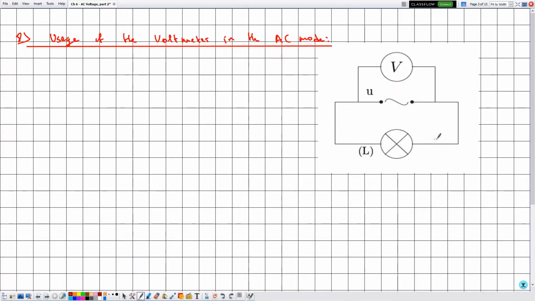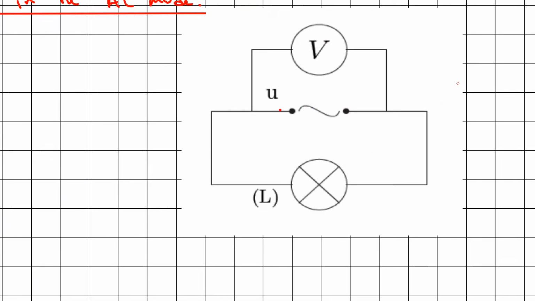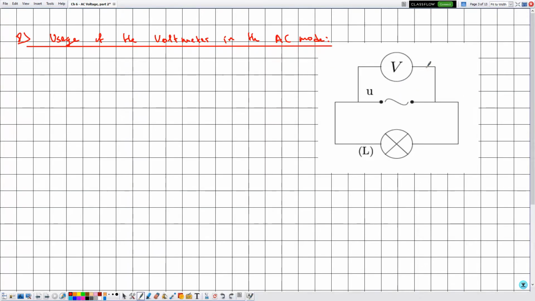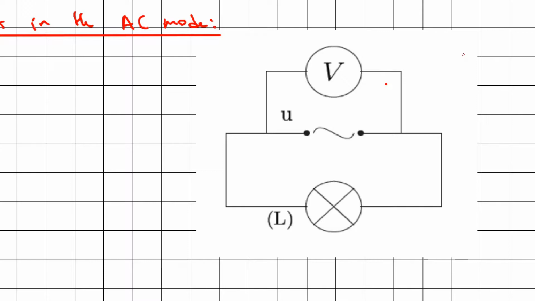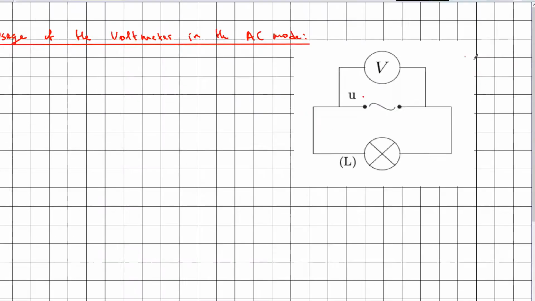Now if you consider this document, it consists of a simple electric circuit. Here we have the generator G. Connected to the generator we have the lamp L, and connected in parallel with the generator we have the voltmeter. Notice that the COM terminal is not labeled simply because the COM terminal is related to the positive and the negative pole, and we have said previously that in the case of an AC voltage source, we don't distinguish between the positive pole and the negative pole.